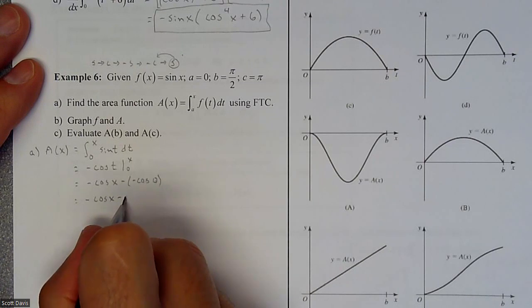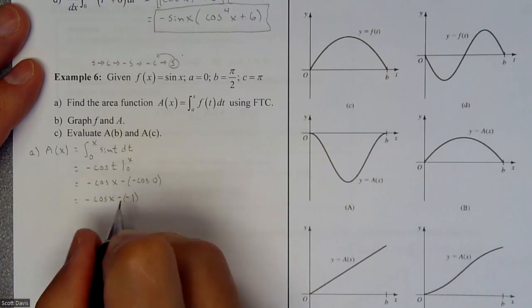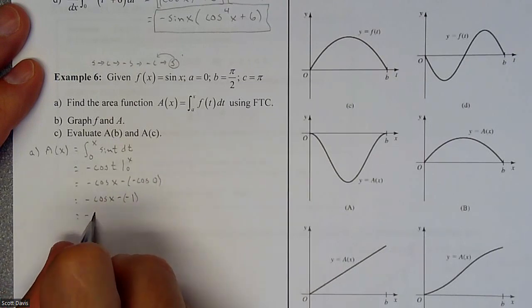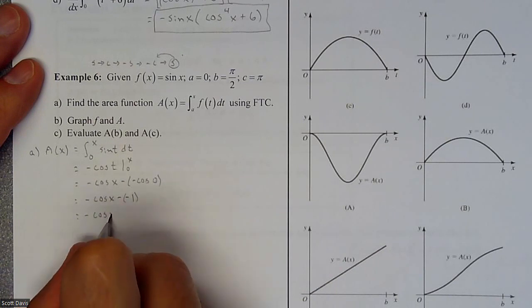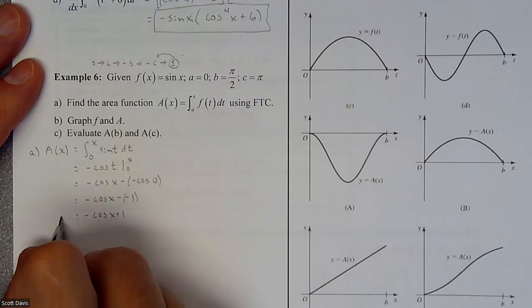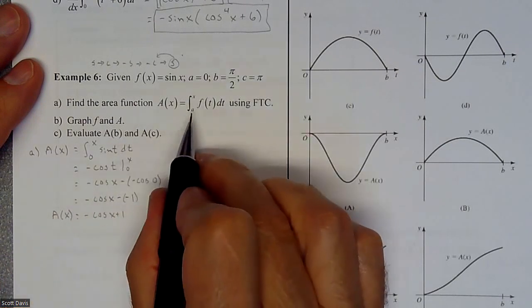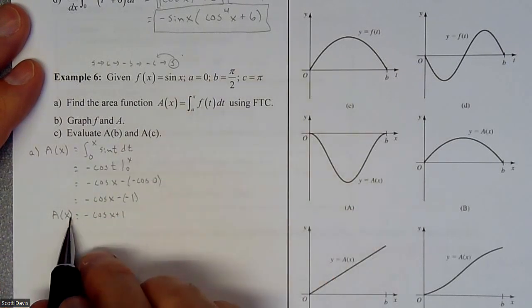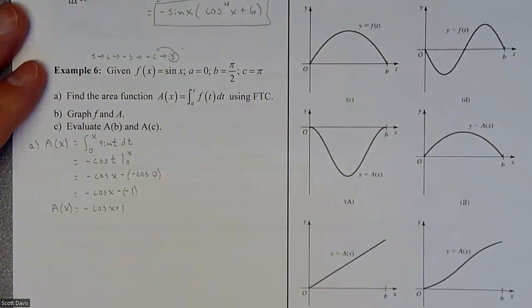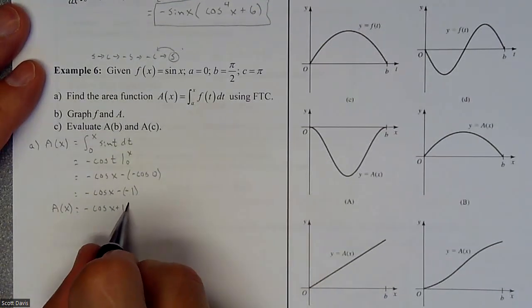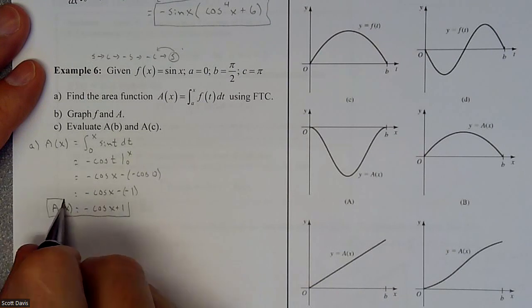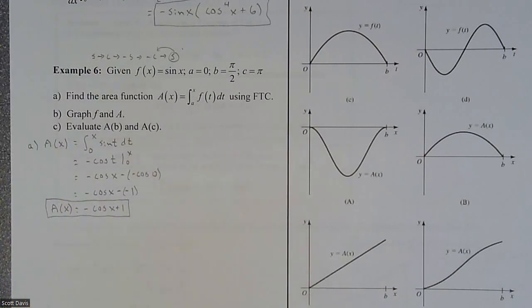Minus a negative 1 simplifies to negative cosine x plus 1. And that is your area equation. If you want to go from 0 to pi, you just plug in pi, and that tells you what the area is. So that's our area equation.